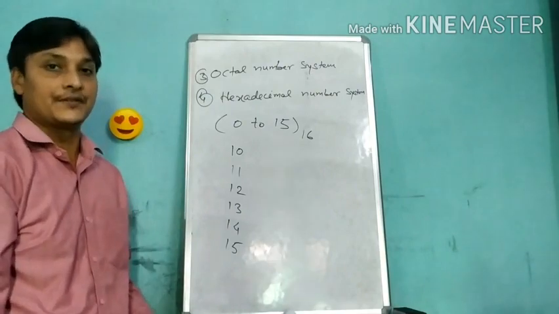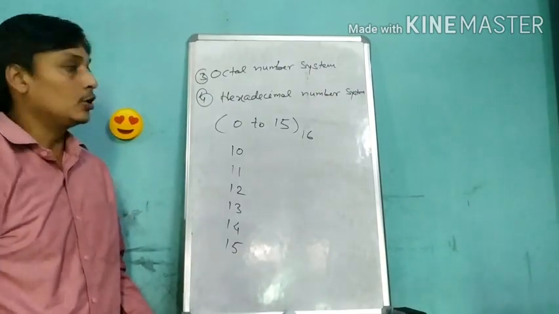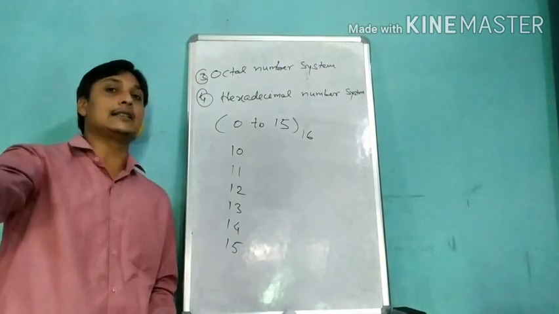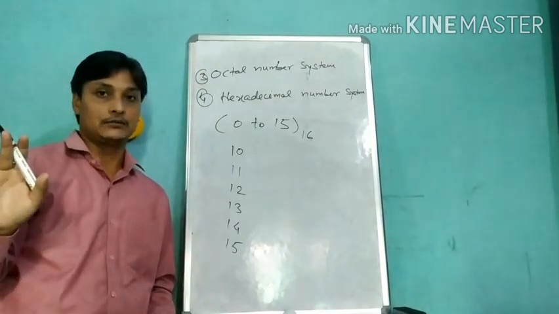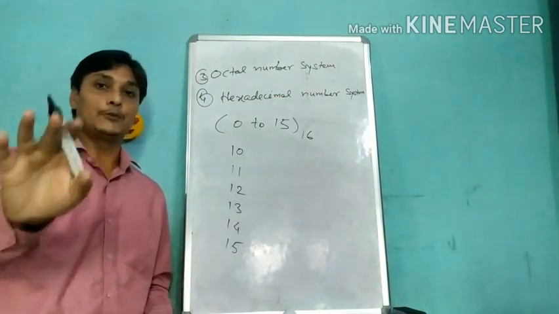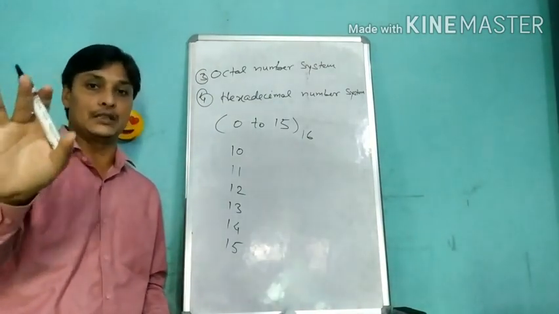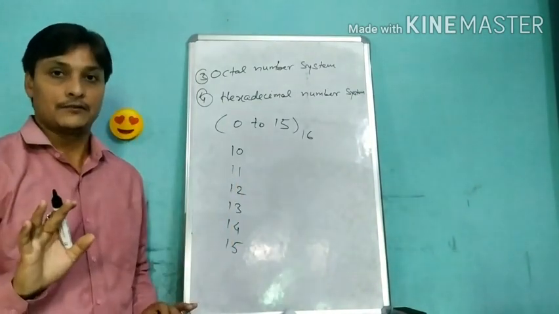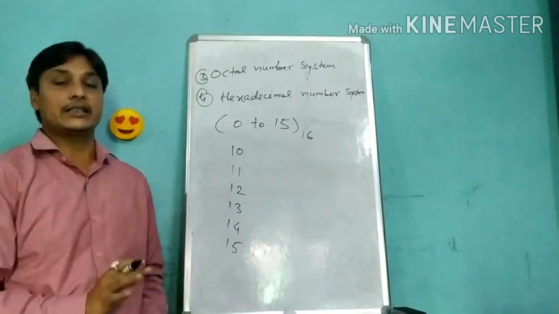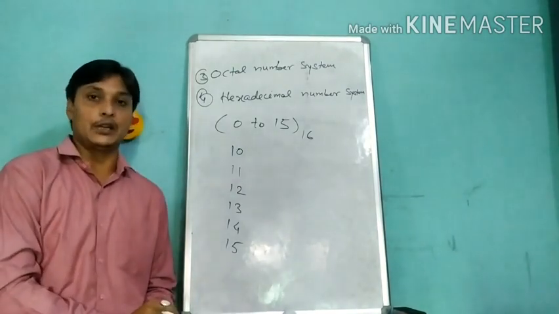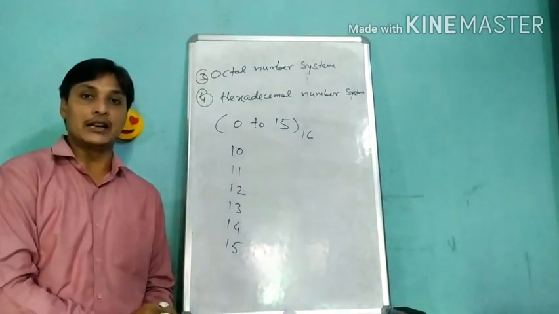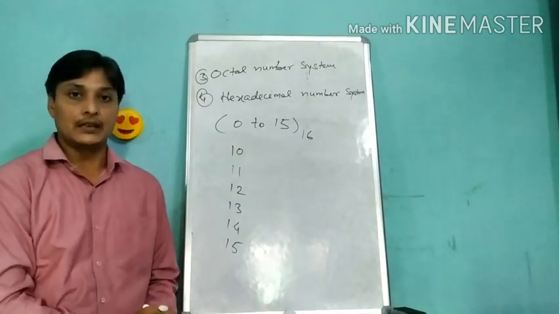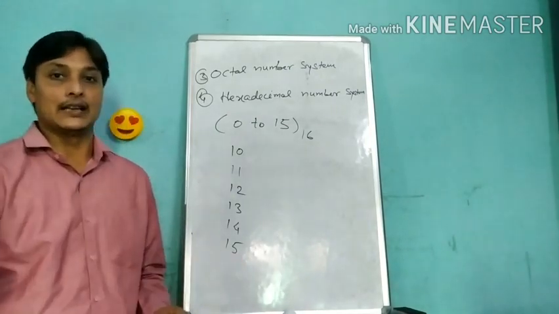0 to 15. So 0 to 9 you will write as it is in case of hexadecimal. 0 to 9 means you have to place 1, 2, 3, 4, 5, 0 even. So 0 to 9 you can use as it is. Fine? But when we discuss the 2-digit values, means 10, 11, 12, 13, 14 and 15, we will not write like that.